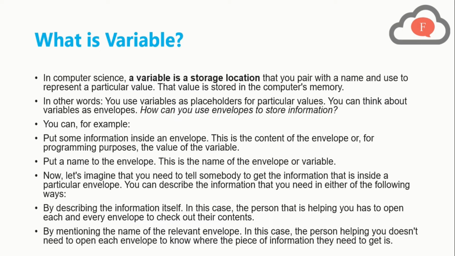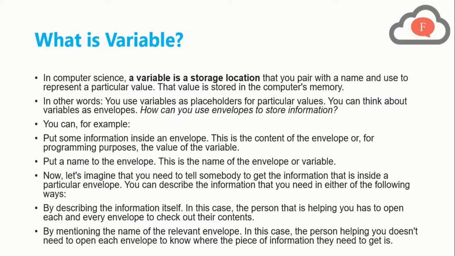This is the content of the envelope, or for programming purposes, the value of the variable. So I hope you understand how I am representing by example that a variable represents an envelope, because a variable, like an envelope, has a storage location in which we put information, and whenever we need it we just tamper the envelope and open up the information.